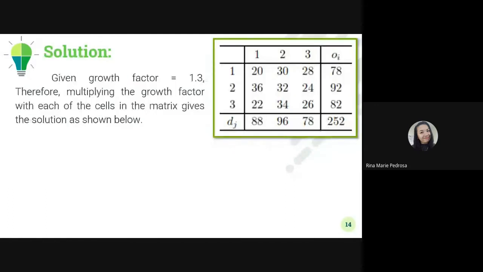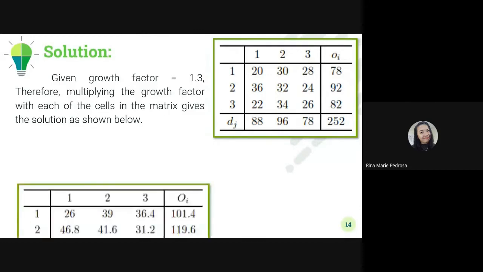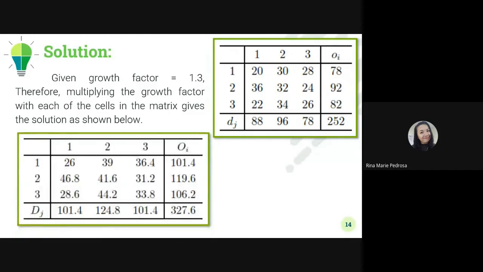Therefore, multiplying the growth factor with each of the cells in the matrix gives the solution as shown below, which is this one. So we just multiplied 1.3 for each of the cells in our matrix. So that's the number of trips based on our growth factor. That is in a uniform growth rate.